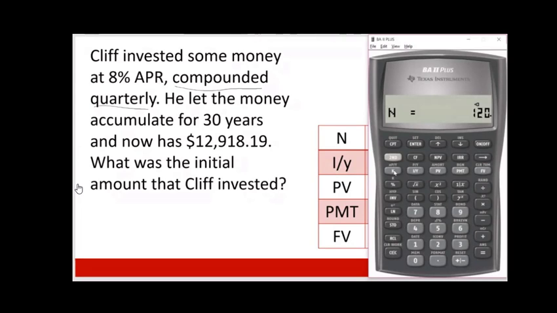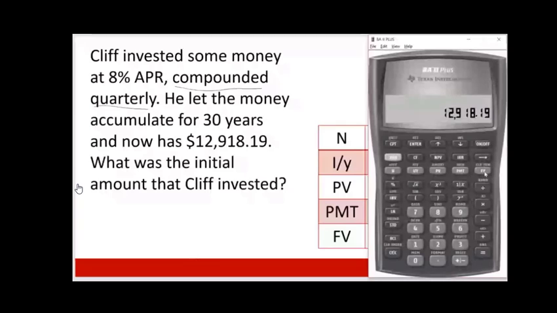Because we don't have any monthly payments, PMT is 0, and after 30 years, the future value is going to be 12,918.9 cents. And because he's going to take out the money and put it back into his pocket, this should be positive.